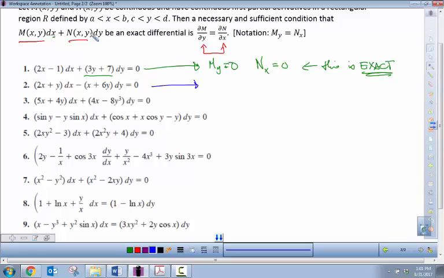So the derivative of f with respect to x and then with respect to y should equal the derivative of f with respect to y and then with respect to x. So that's why this would be exact. But like I said, that's the Calc 3 version of it, and that's something you can take a look at in Calc 3.